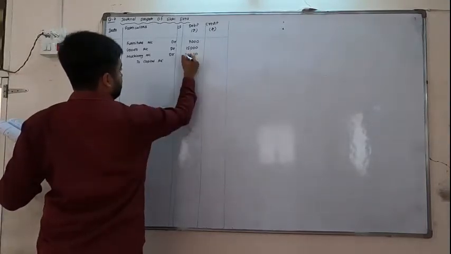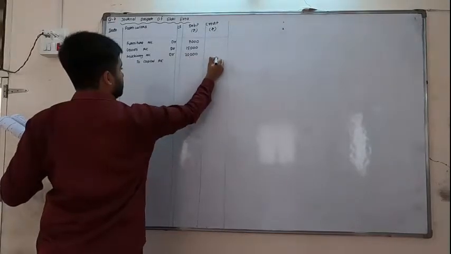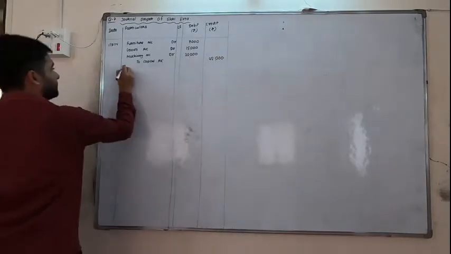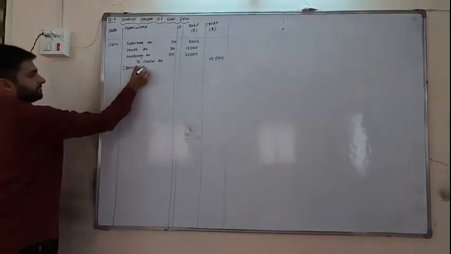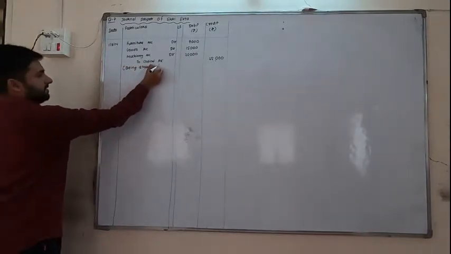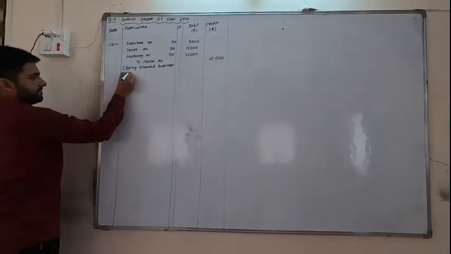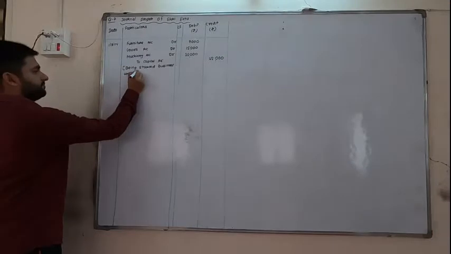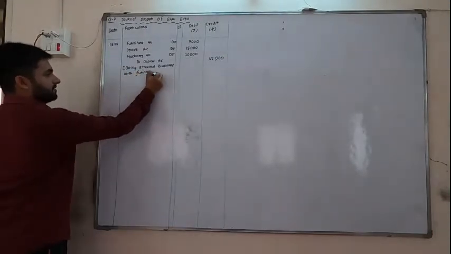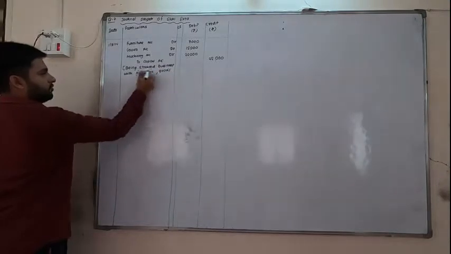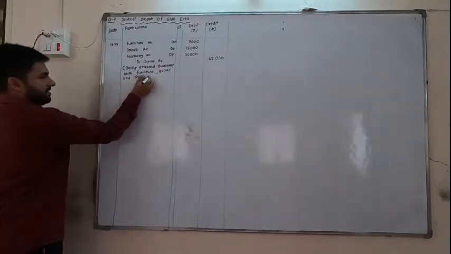So let's take the total. 35 plus 7, 42. Being business started with furniture, goods and machinery.